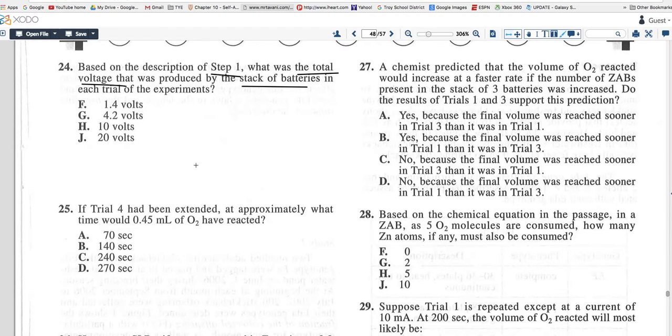Wait, how do you do it? Okay, so she got it. Okay, how do you do 29? So it says 10 mA and it says 20 mA. So I just put it in half, and so it's 40, and so then I got 20.